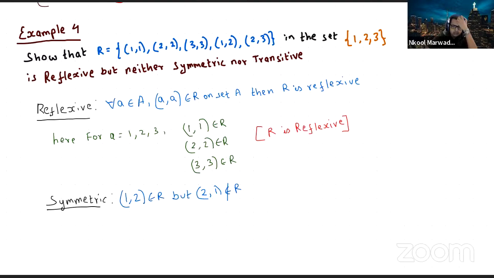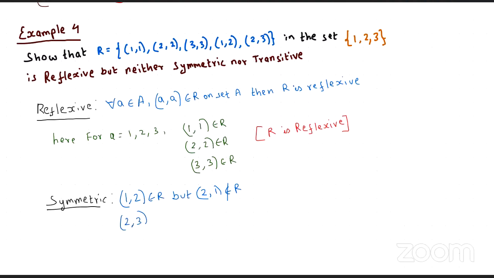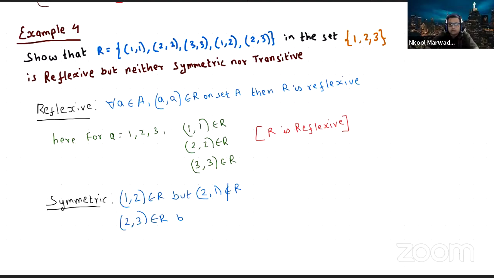Similarly, (2, 3) belongs to R, but (3, 2) does not. And hence you will say that R is not symmetric.